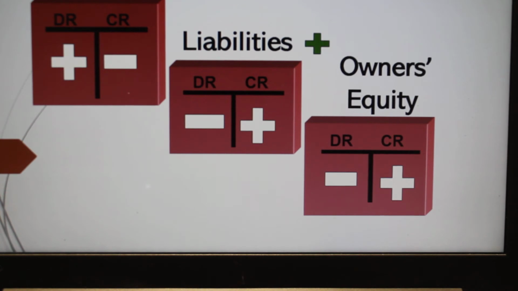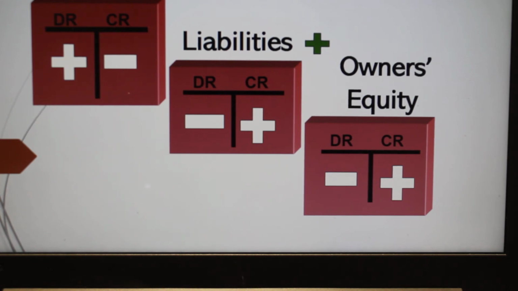It will increase the asset side, so therefore the asset coming in would be a debit. On the contrary, if you buy it via debt, the liability will also increase, but it will increase on the credit side. And therefore the owner's equity or capital will also increase on the credit side.